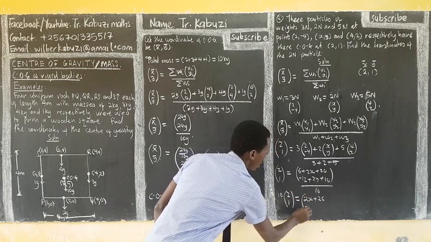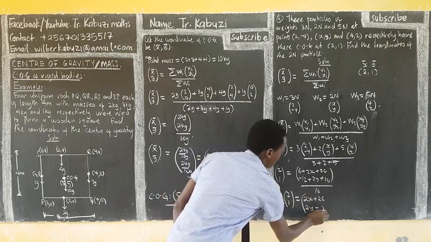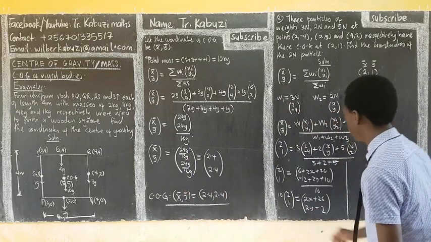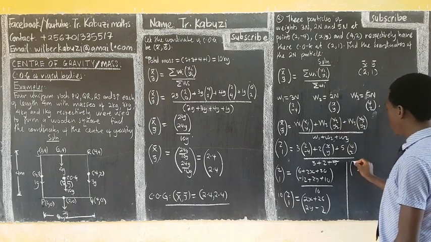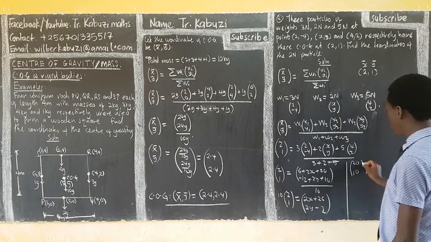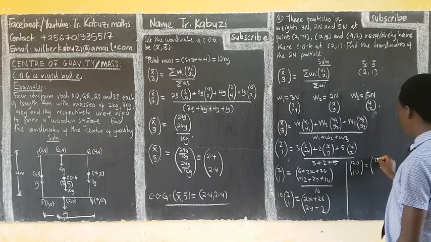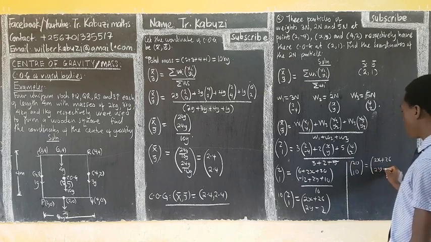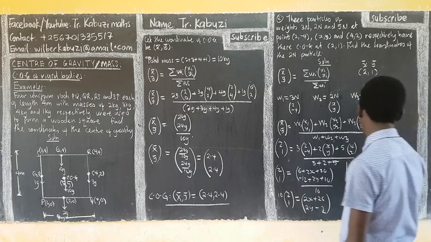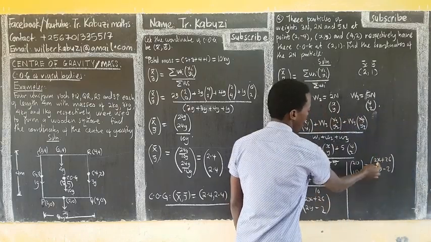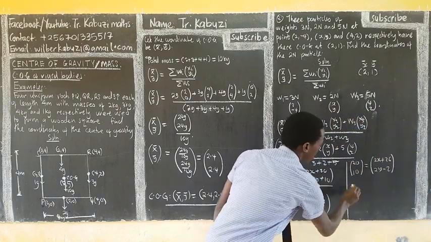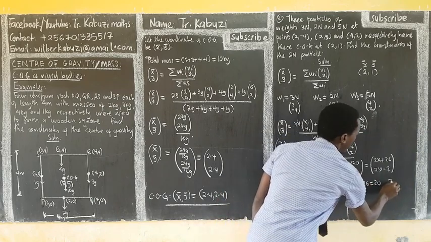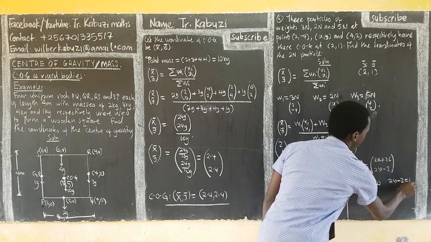Then this one is going to be 2y minus 2. Then from there, you see that 20, 10 equals 2x plus 26, then 2y minus 2. It means that this and this are equal, then also this and this are equal. So 2x plus 26 is 20. Then 2y minus 2 is 10.